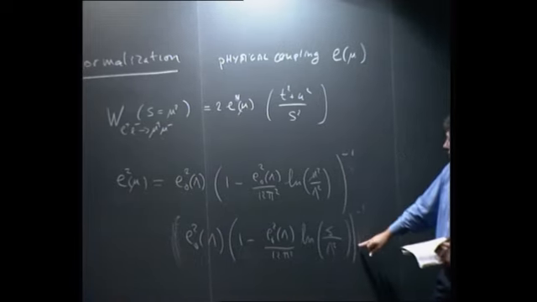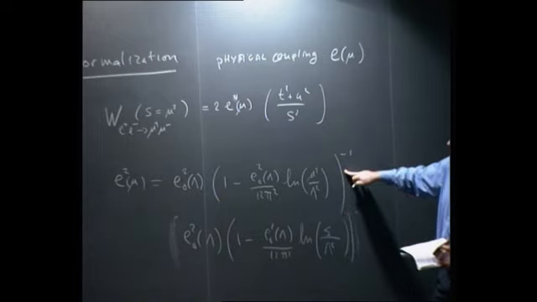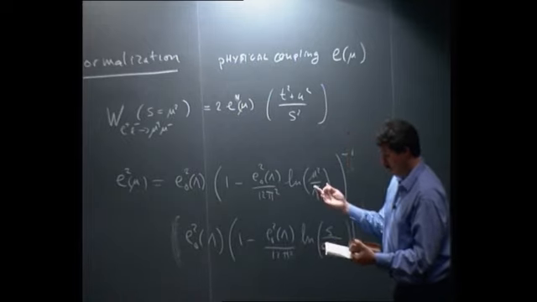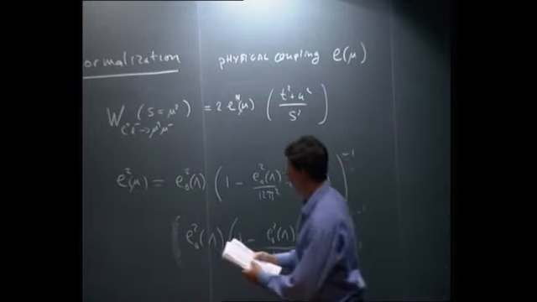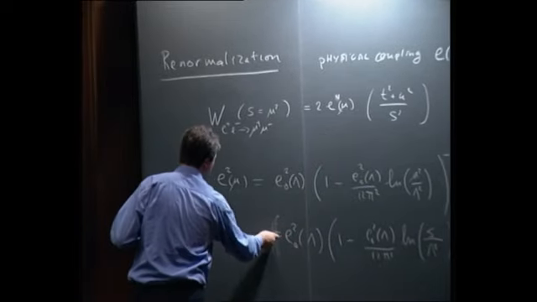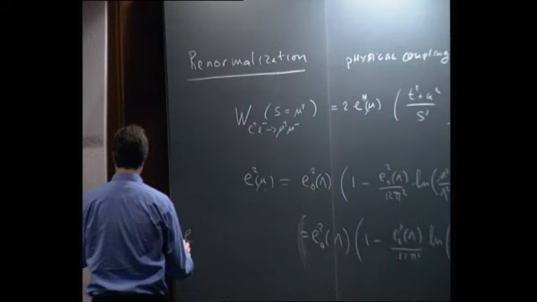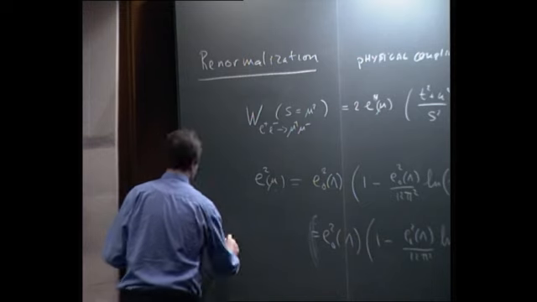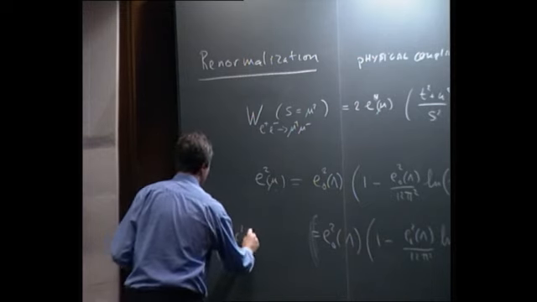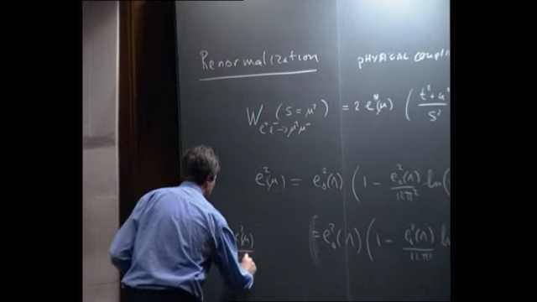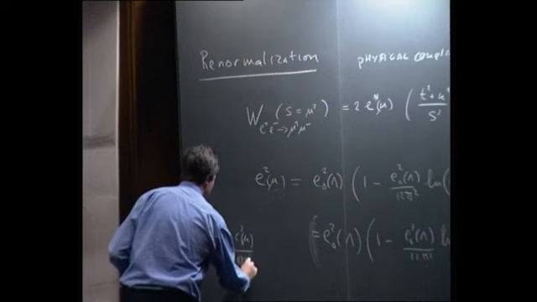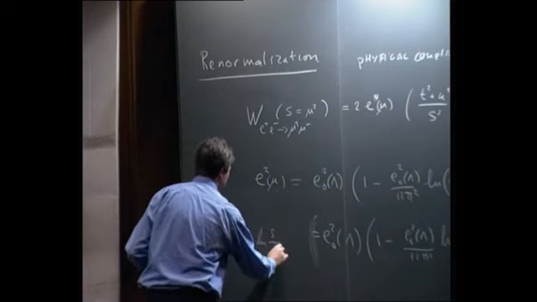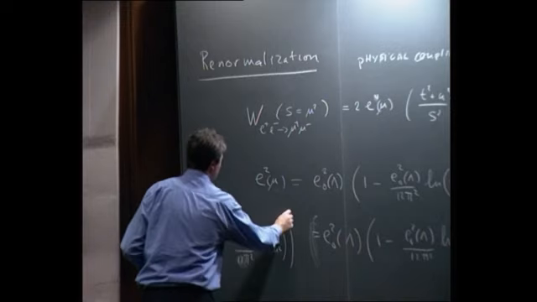So actually what I can do is rewrite this using this relation in terms of E of mu. It requires a little bit of manipulation, but not too much, to realize that this is equal to E squared mu over 1 minus E squared mu over 12 pi squared times the logarithm of S over mu squared, to the power minus 1.